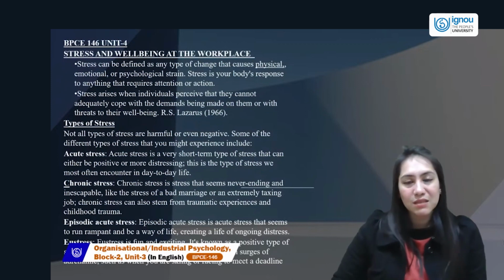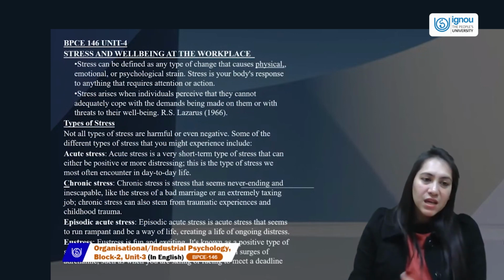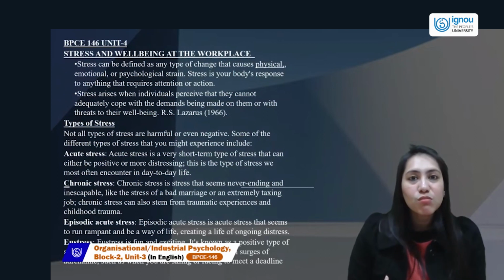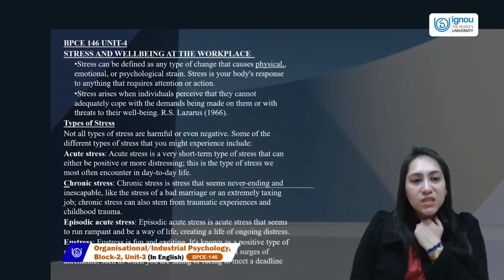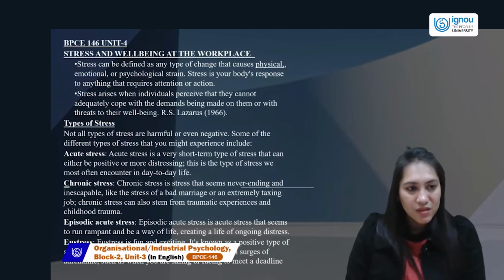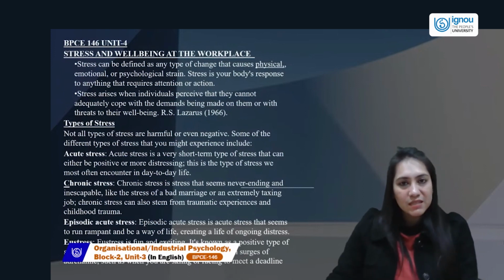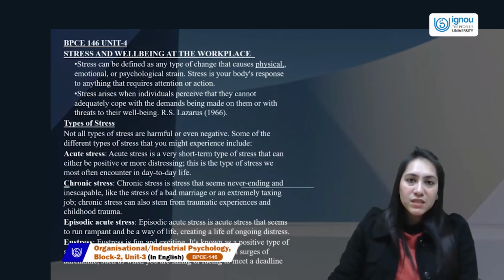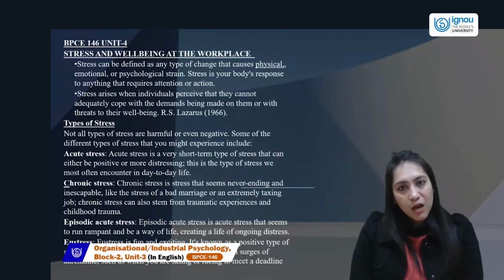So threat is something that destroys the equilibrium of your body and mind, demands things beyond your capacity, and destroys well-being. This was given by Lazarus in 1966. Now, knowing stress, there are different kinds of stress that we all experience in different intensity. There is a possibility that people experience only one kind of stress too much. So not all types of stress are harmful, you need to know.